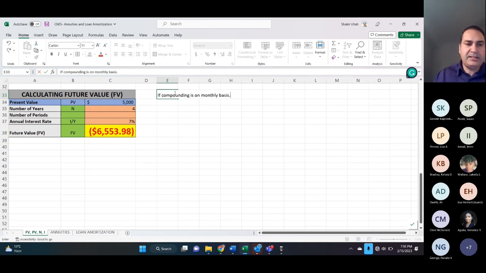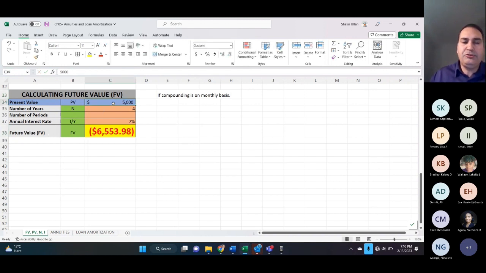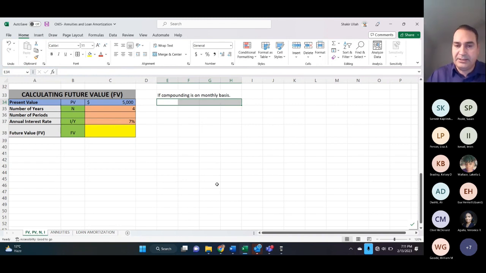What that means is that the bank is still lending you $5,000 for 4 years at 7% interest rate, but the bank tells you, even though you'll be returning this money to me at the end of the 4th year, I will be doing my compounding calculations every month.